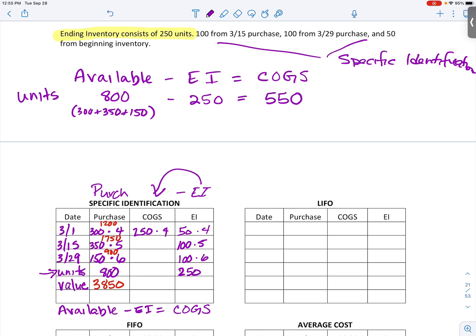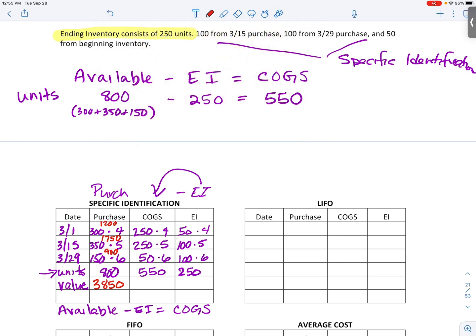I also must have sold 250 units of that 315 purchase. Those cost $5. And I must have sold 50 of that 329 purchase. Again, just looking at units to make sure I'm on the right track. Before I start doing all that math, let's make sure we have everything accounted for. Now we have to do some math.